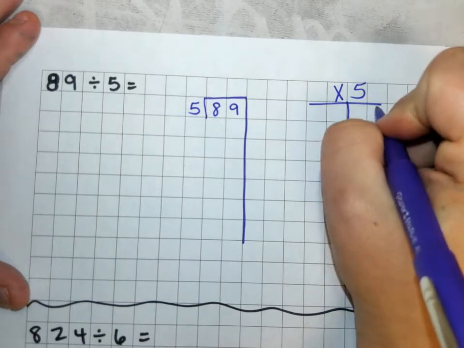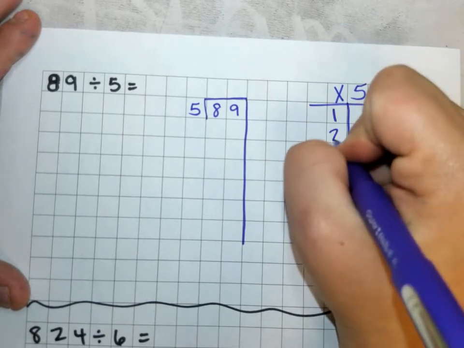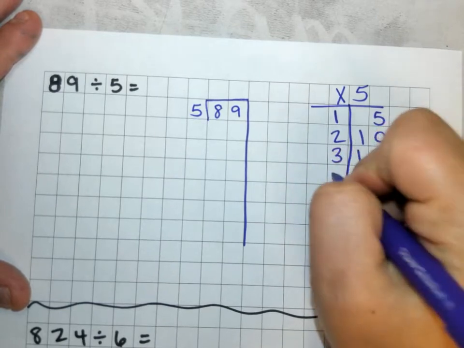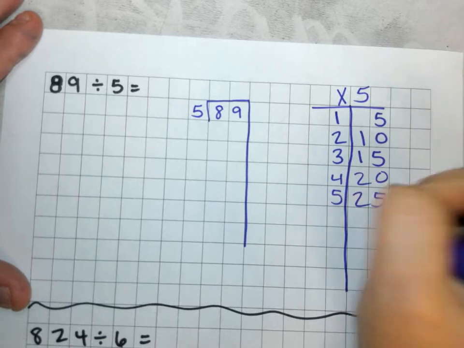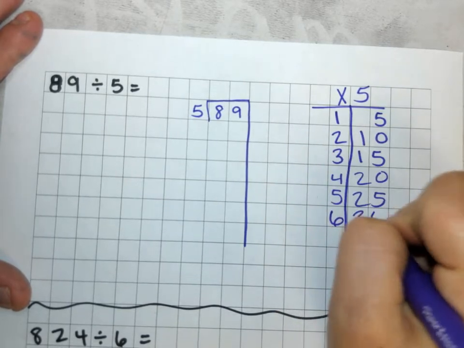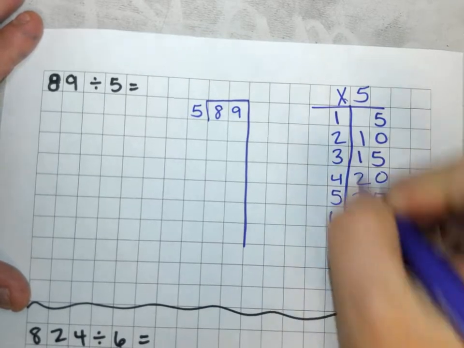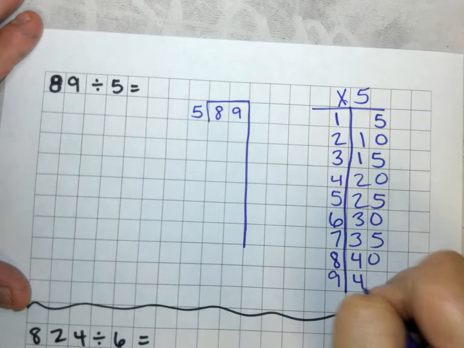So I'm going to put 1 times 5 is 5, 2 times 5 is 10, 3 times 5 is 15, 4 times 5 is 20, 5 times 5 is 25, 6 times 5 is 30, 7 times 5 is 35, 8 times 5 is 40, and 9 times 5 is 45.